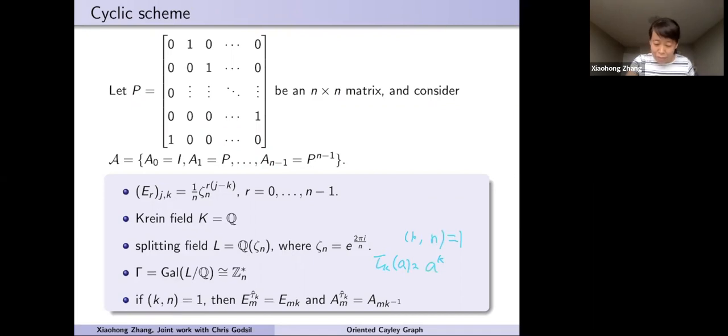That also induces an automorphism on the association scheme. We can check how it works on the basis directly. It looks like this.